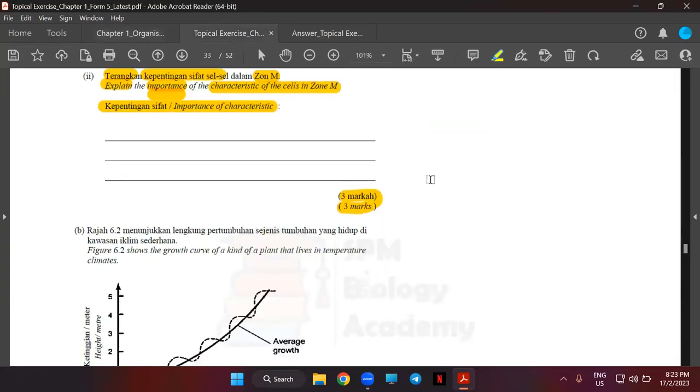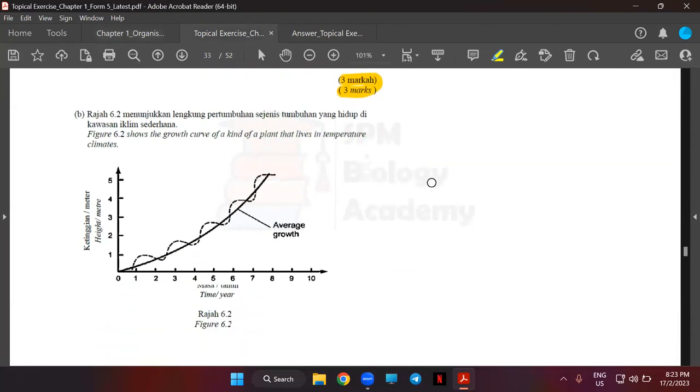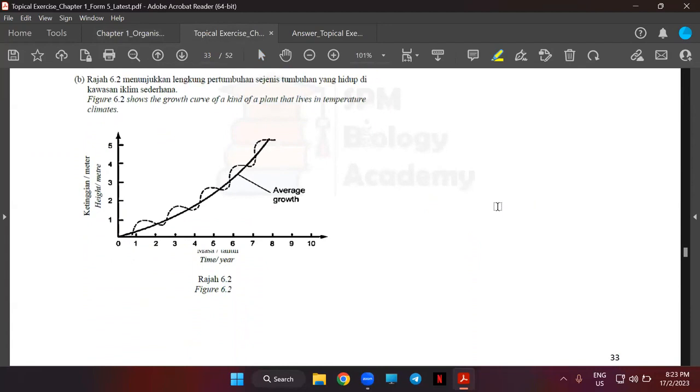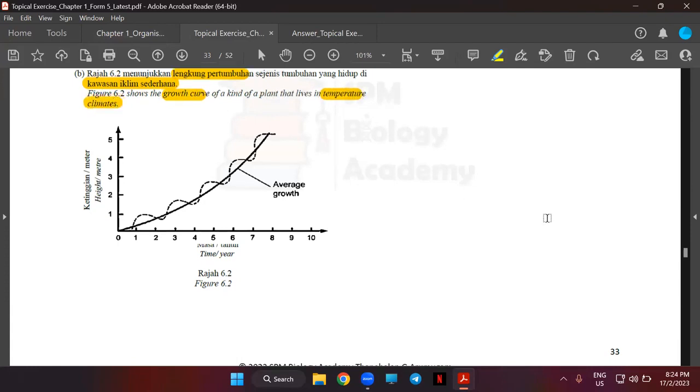Baik. Soalan B, soalan yang seterusnya. Rajah 6.2 menunjukkan lengkung pertumbuhan sejenis tumbuhan yang hidup di kawasan iklim sederhana. Figure 6.2 show the growth curve of a kind of plant that lives in temperate climate. Okay. Jadi saya rasa you know this graph very well.